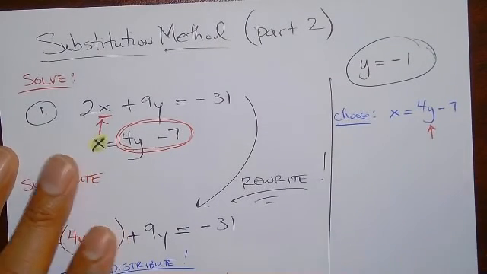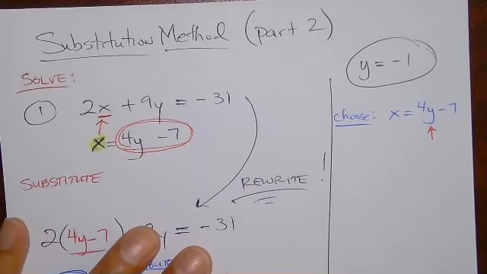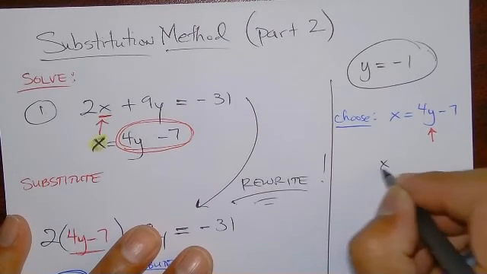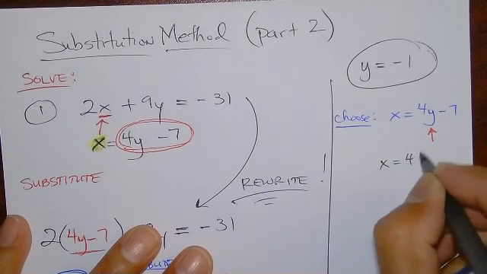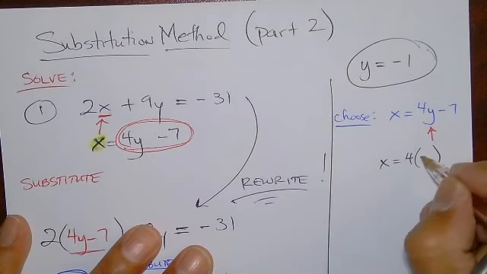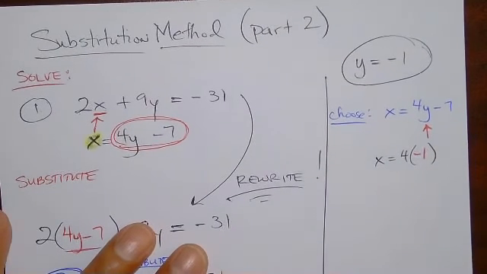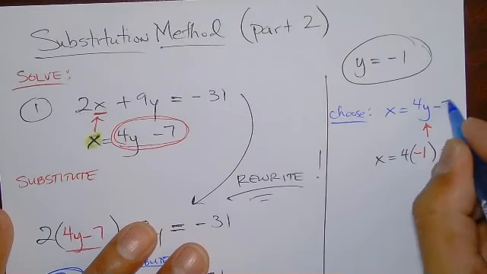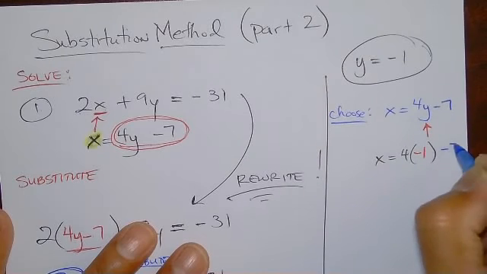And if y is equal to negative 1, aren't you going to put it right there? Yeah, you're going to, again, substitute. That's called substitution method. So you're going to have x is equal to 4 times what? The value of y, which we just found, is negative 1. And then don't forget, take away 7, right?